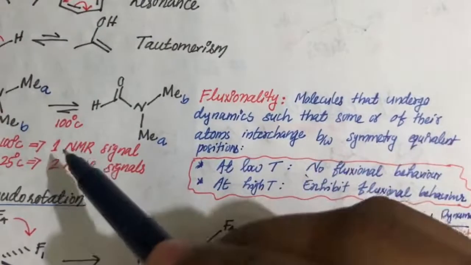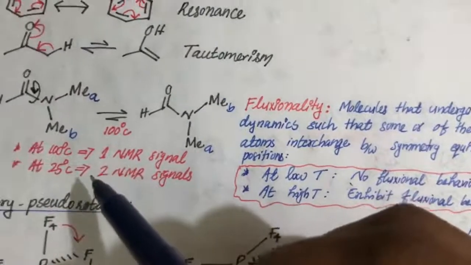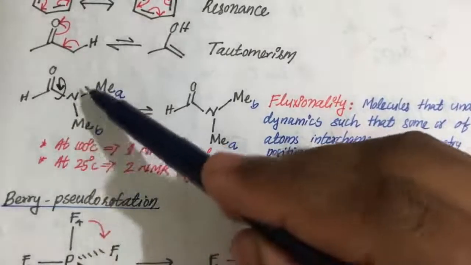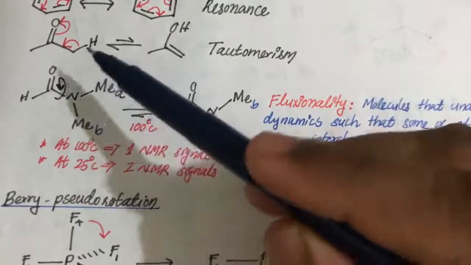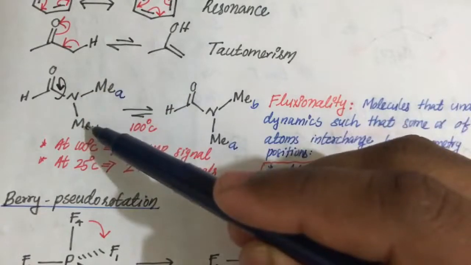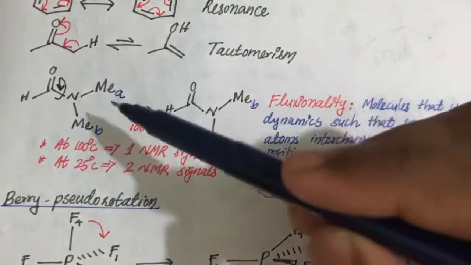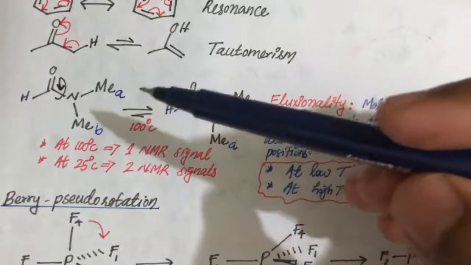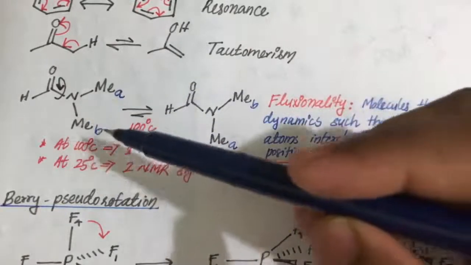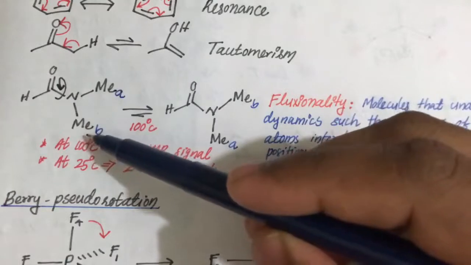So see this example, at 100 degrees Celsius, that is high temperature, this molecule can undergo rapid change between the MeA and MeB positions, right? So what will happen is that when we are analyzing this molecule by making use of NMR, NMR cannot distinguish between MeA and MeB.